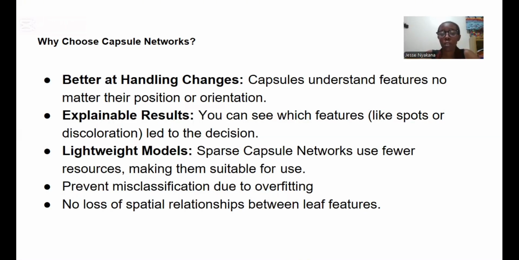Our model doesn't have to worry about overfitting because sparse capsule networks solve this for us. Even if your data set is limited, they will optimize the number of capsules in the network to prevent the misclassification problem that occurs due to overfitting.